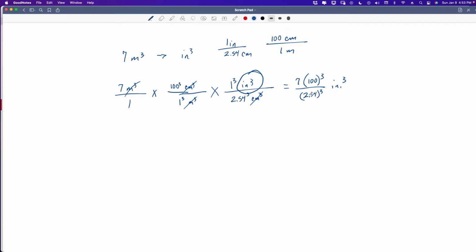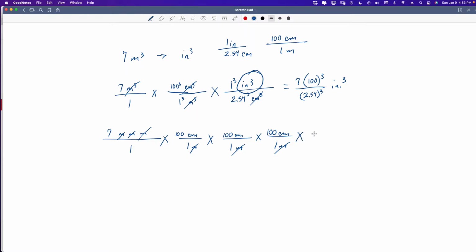Which is the same thing as if we had done it out long ways. And long ways was where we would say 7 meters over 1 times 100 centimeters over 1 meter, cancel, times 100 centimeters over 1 meter, cancel, times 100 centimeters over 1 meter, cancel. You get the idea. This is the same thing as 100 cubed centimeters cubed, right down here.